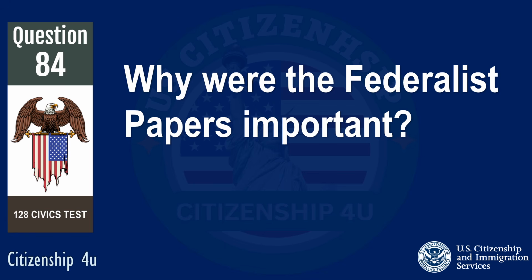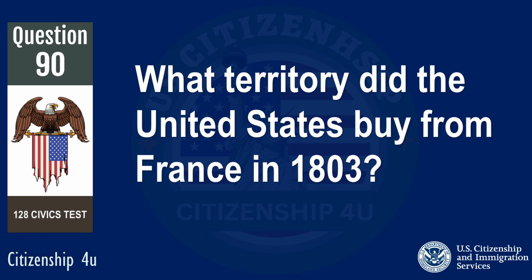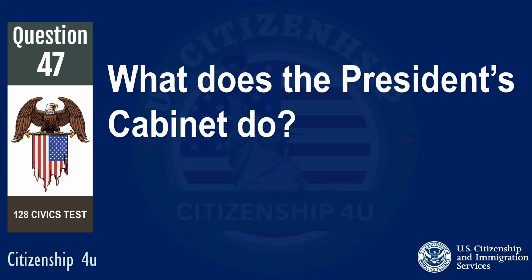Why were the Federalist Papers important? They supported passing the U.S. Constitution. What territory did the United States buy from France in 1803? Louisiana. What does the President's cabinet do?